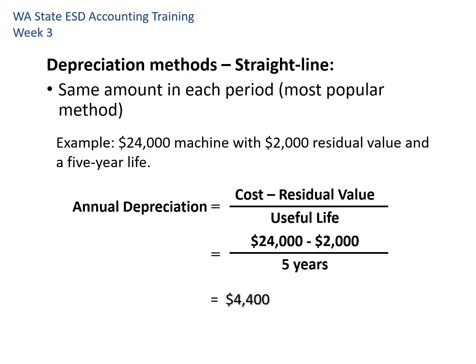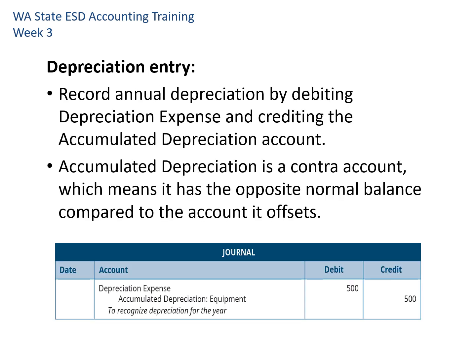So when I record the annual depreciation, I do that by debiting depreciation expense, and I credit an account we haven't seen before called accumulated depreciation. Accumulated depreciation is what's called a contra account, meaning it has the opposite balance of its neighbors. So this account, accumulated depreciation, is going to appear on our balance sheet right after the asset that's being depreciated.